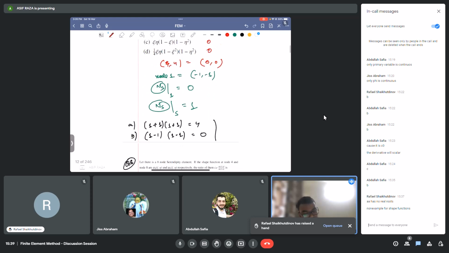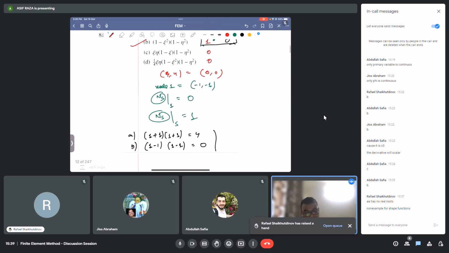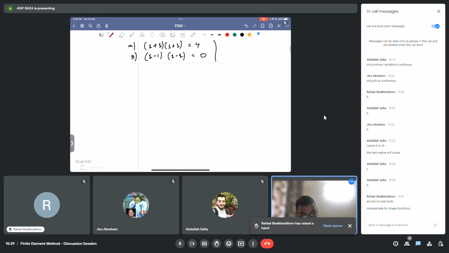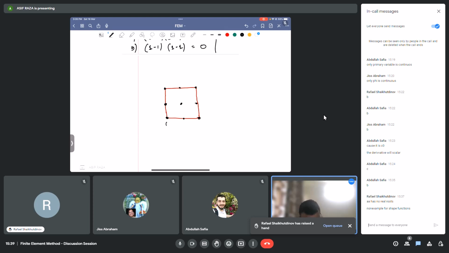Okay, now let's do this the more traditional way, which I was trying to say. We have the element with nodes 1 to 9.